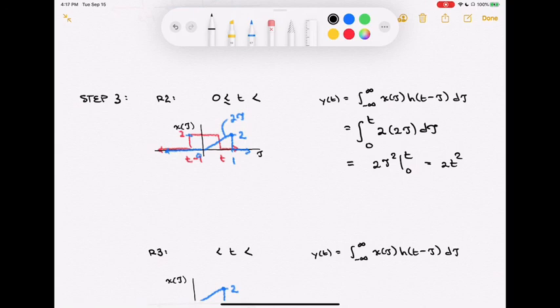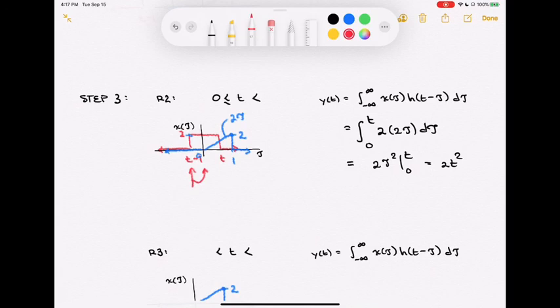So I have now gotten an expression for my output y over the interval 0 to what? Well, again, it's just like before. It's until that lag edge of h, which is identified by tau equaling t minus 1, hits the starting edge of x of tau, which is at 0, and we're going to have that pulse entering.